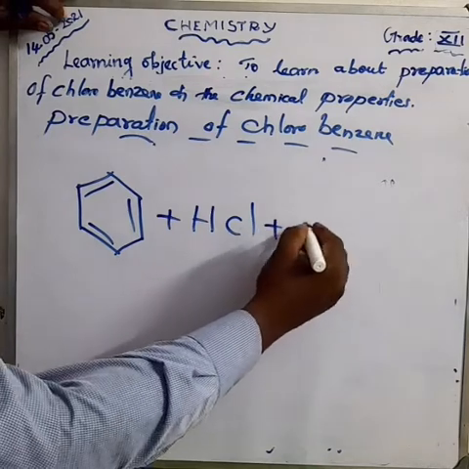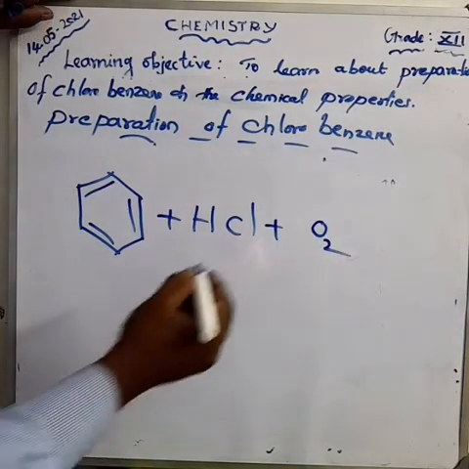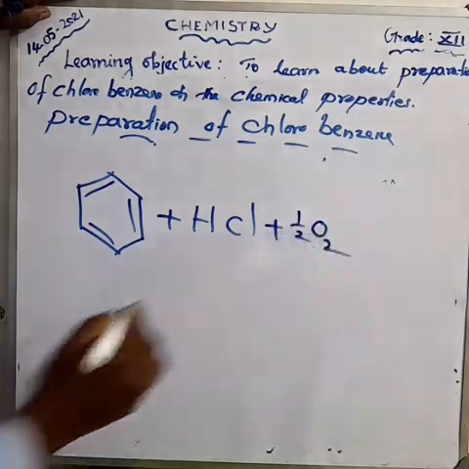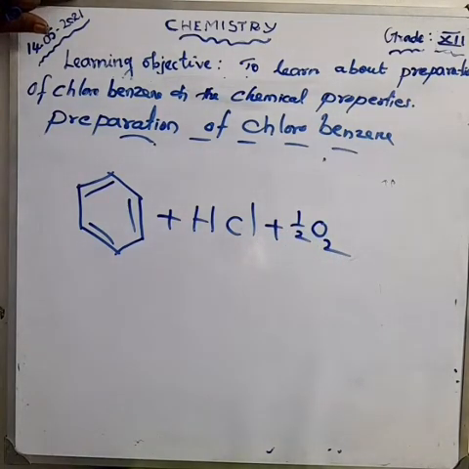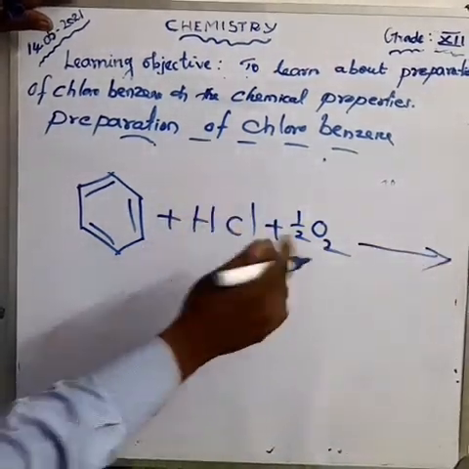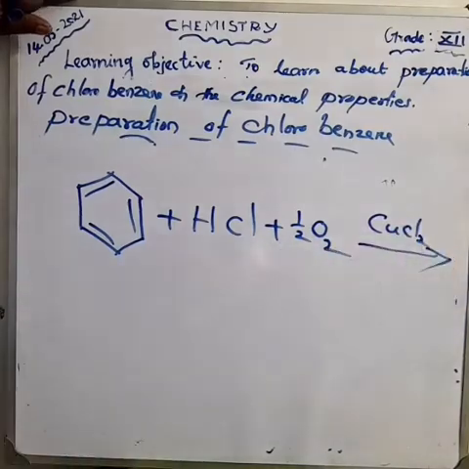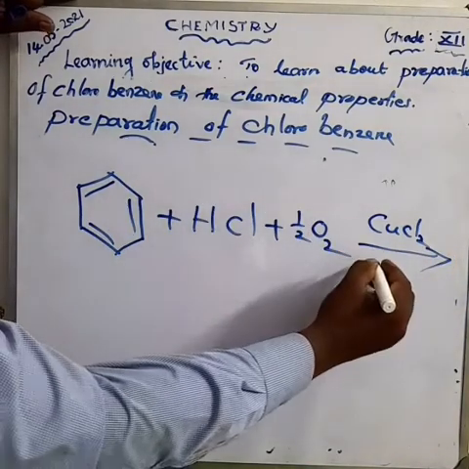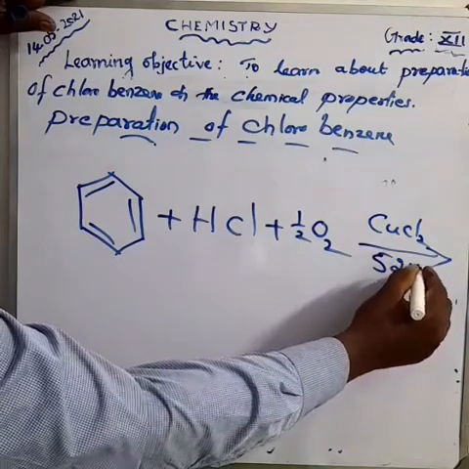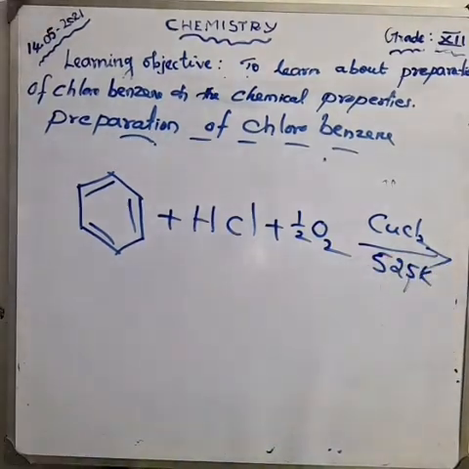Plus, we are adding oxygen, half O2, which means one oxygen atom, in the presence of copper chloride. What is the formula for copper chloride? CuCl2. The temperature is 525 Kelvin.